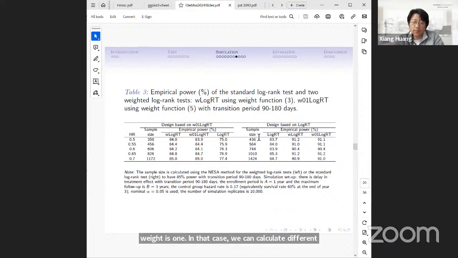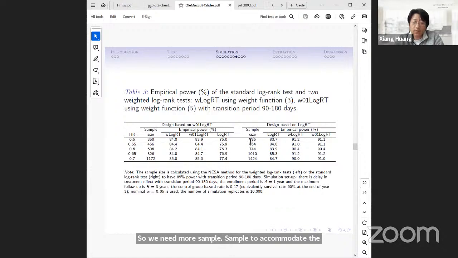Because there is a true transition period in our simulation data, but we calculate the sample size based on the log-rank test, you will see there is an inflation of the sample size. So we need more samples to accommodate the log-rank test.